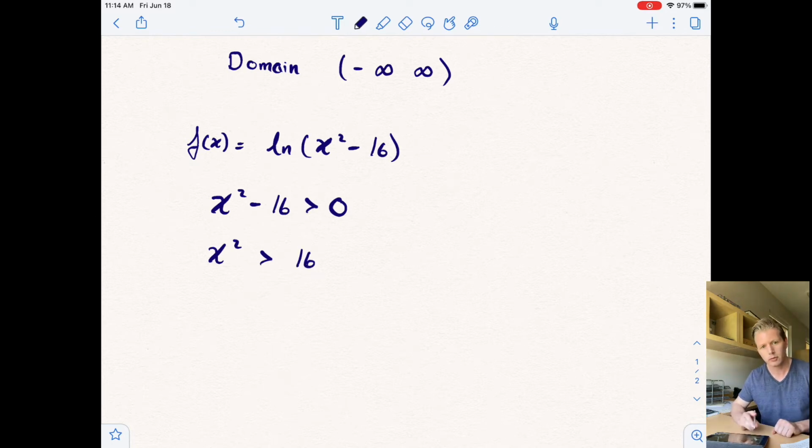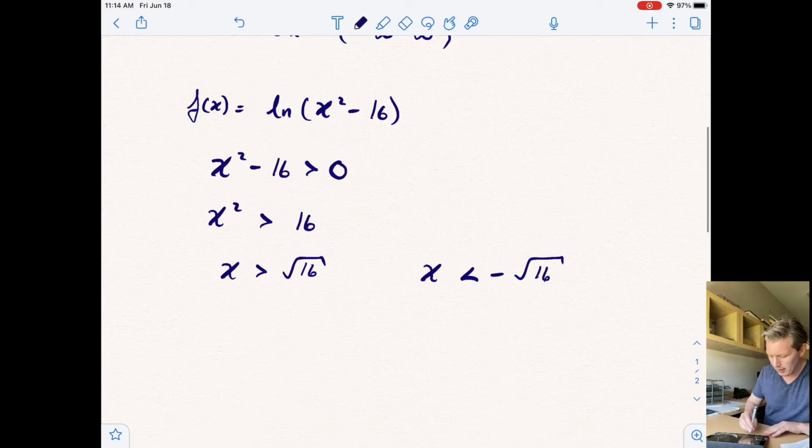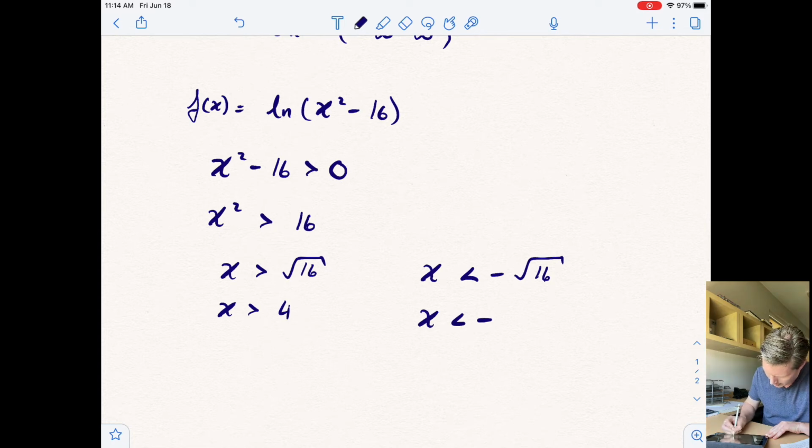Taking the square root of both sides, being careful because I'm going to have a plus and a minus, x must be greater than the square root of 16, which is 4, or x must be less than minus 4.